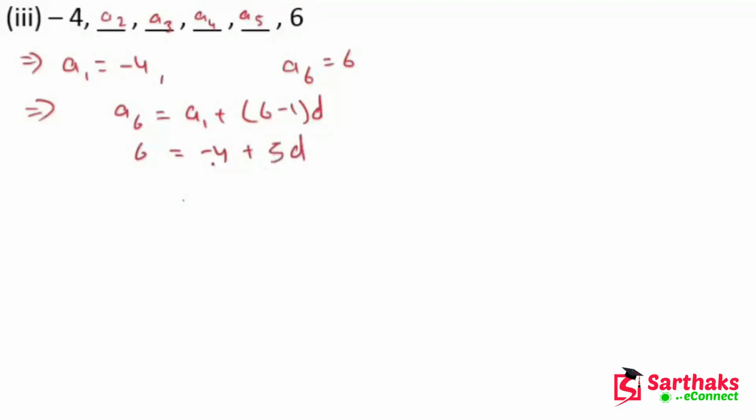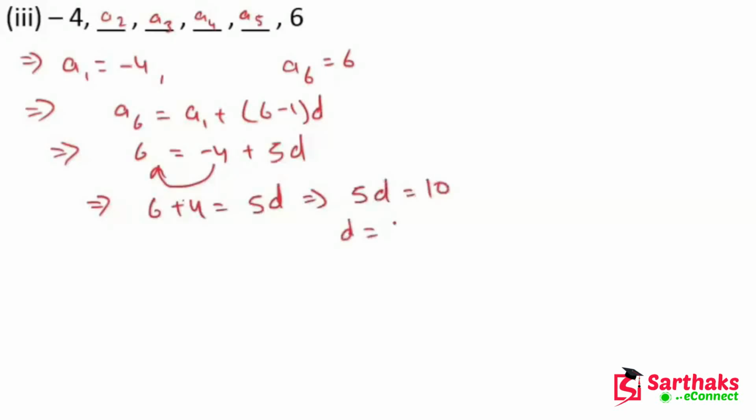Now we shift -4 and we get 6 plus 4 equals 5d, and 5d equals 10, and we get the value of d is 2. I hope you get this point. Now we can easily find all the values.